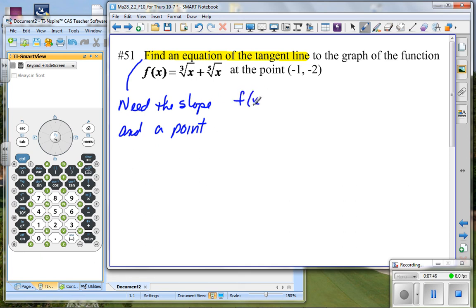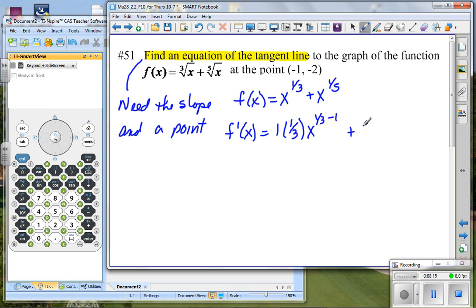So let's look at our function, and let's rewrite it in a way that's going to help us the most. This would be x to the 1/3 power plus x to the 1/5 power. We look at the derivative of this. We would have the coefficient, which is 1, times the exponent, and subtract 1 from the exponent.